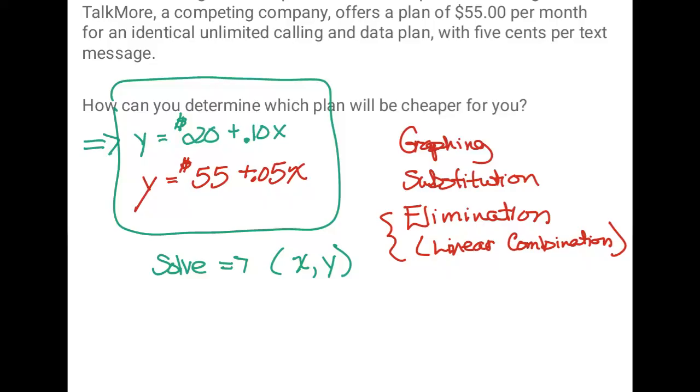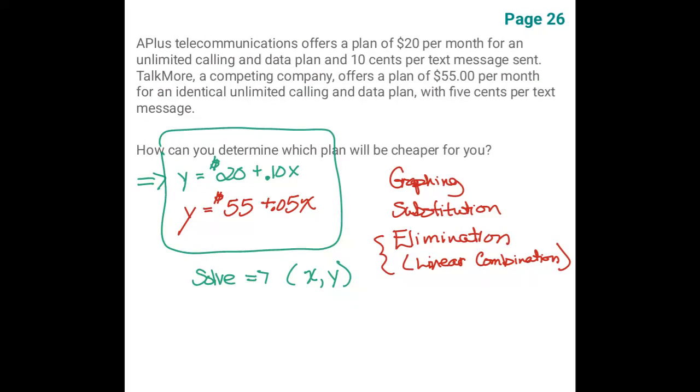And also in this case, since we're talking about text and total cost, what does that solution tell me? One of these is going to tell me the total charge. Would that be the X or the Y? The Y is going to tell me the total charge. And what does X represent here?